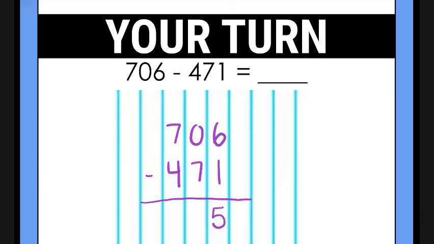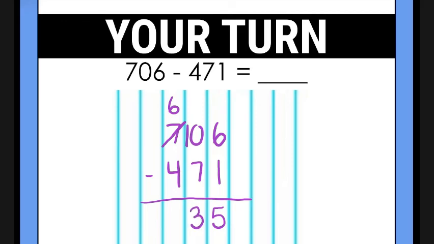Let's go next door. So let's borrow one of my hundreds. So instead of having 7 hundreds, I'm going to have 6 hundreds. And let's move this 100 into my tens. So now I have 10 minus 7. 10 minus 7 equals 3.